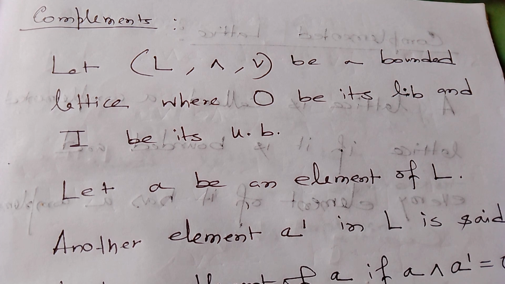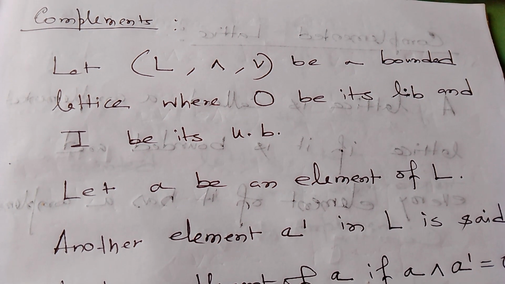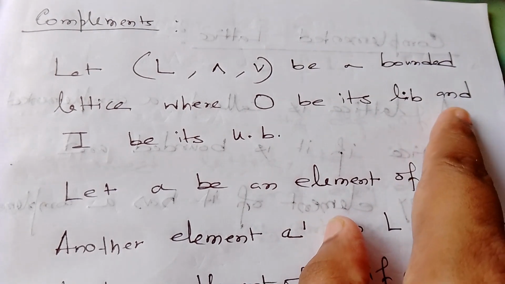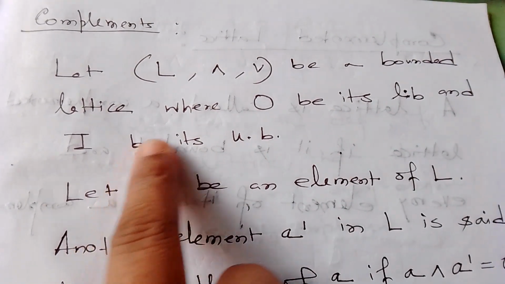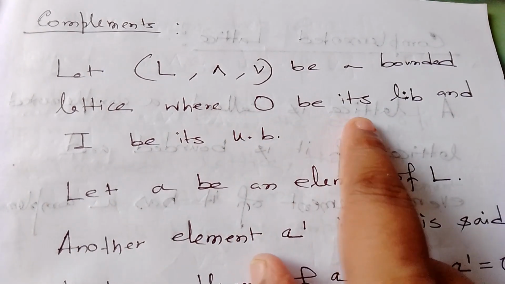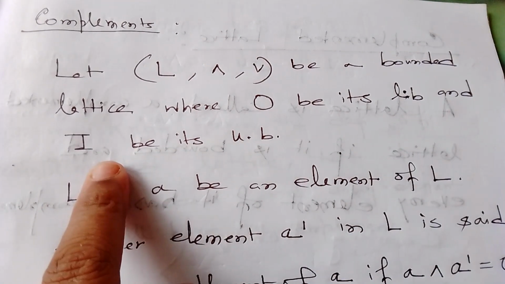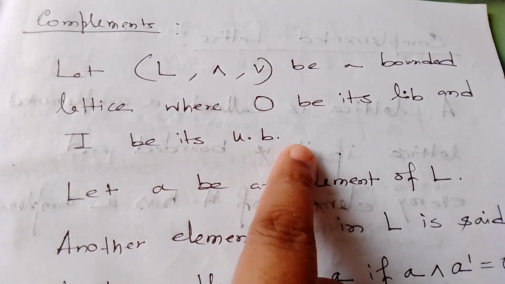Today I am going to start with a very important topic of lattice, and that is complements of lattice. Let L, conjunction, disjunction, be a bounded lattice where O is its lower bound and I is its upper bound.